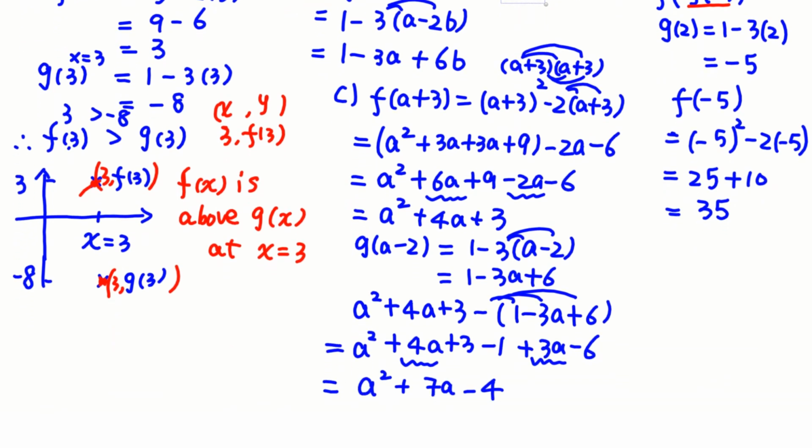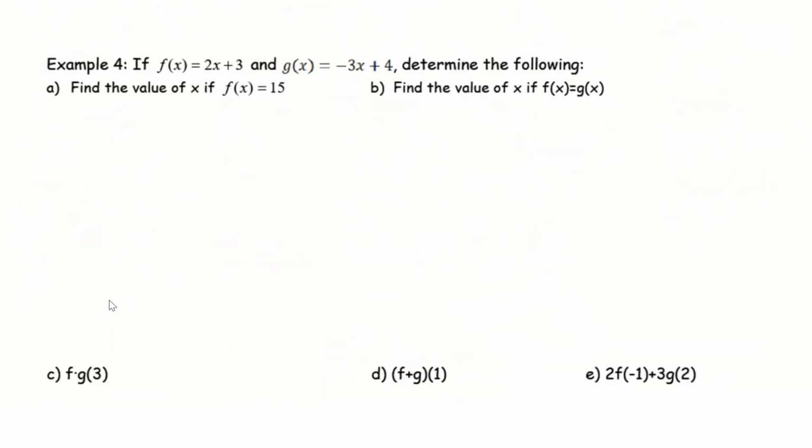Then we continue to practice evaluating functions by using function notation. So example 4, if f at x equals 2x plus 3 and g at x equals negative 3x plus 4, determine the following function combinations. Okay, so find the value of x if f at x equals 15. So this one, f at x is your output.